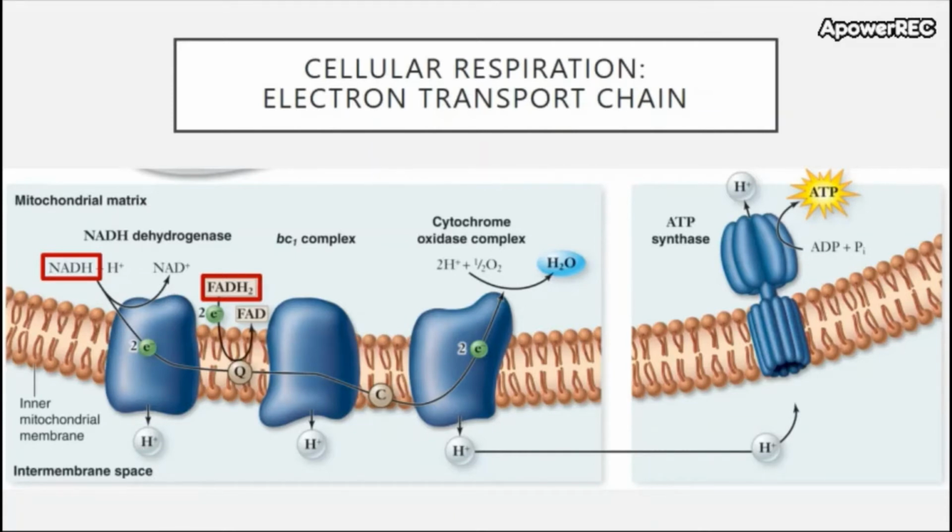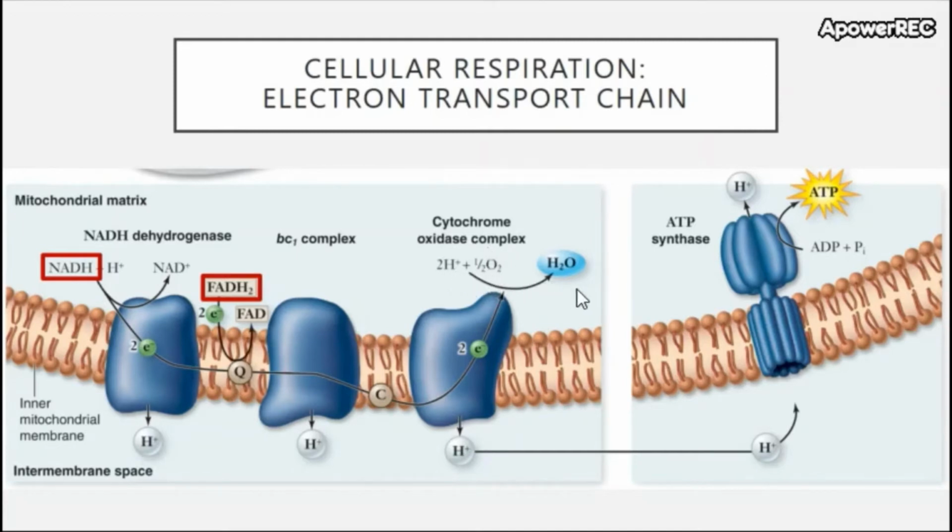Take a moment and locate where oxygen is on this electron transport chain, and let's see if we can make sense of what the role of oxygen is in this system. We can see here at the cytochrome oxidase complex that we can take an oxygen molecule.